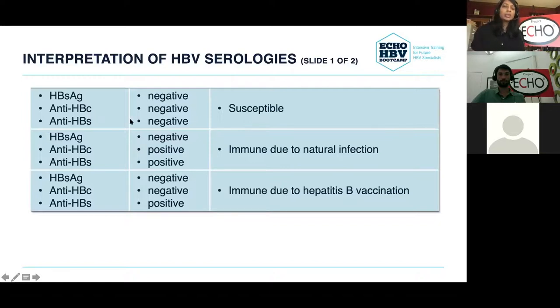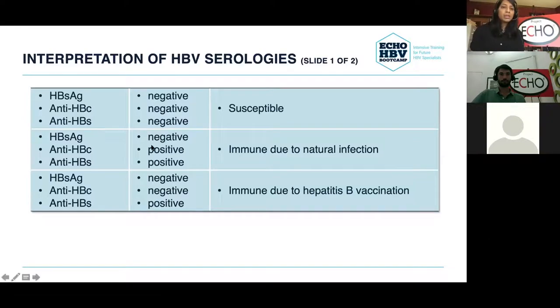They neither have evidence of chronic infection or any infection, and they don't have any evidence of immunity through the presence of the surface antibody. So this is somebody who's potentially vulnerable to infection, and I really would encourage you to think about it as an opportunity to offer a highly effective hepatitis B vaccine. So that is how you interpret somebody who's negative for all three of those basic screening tests.